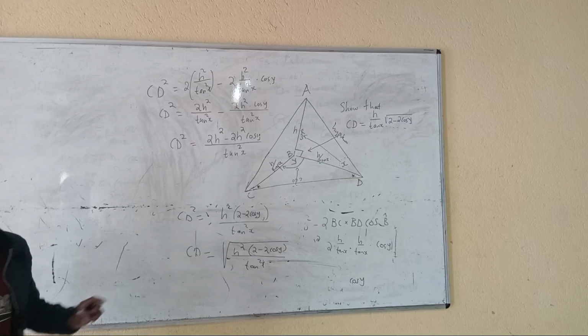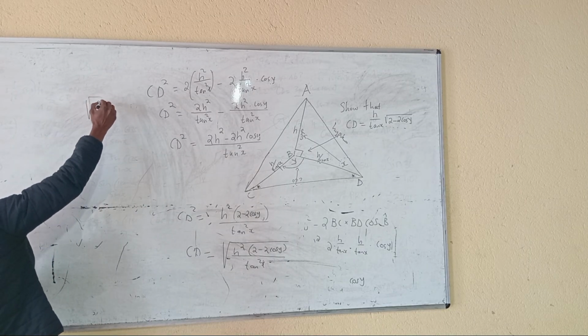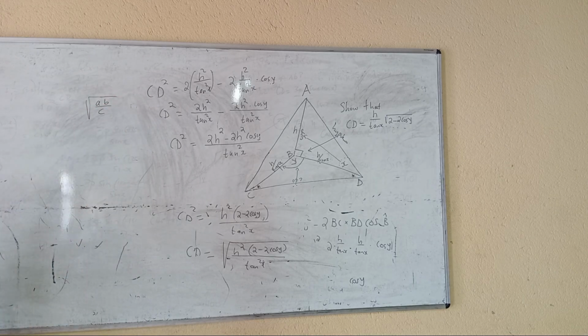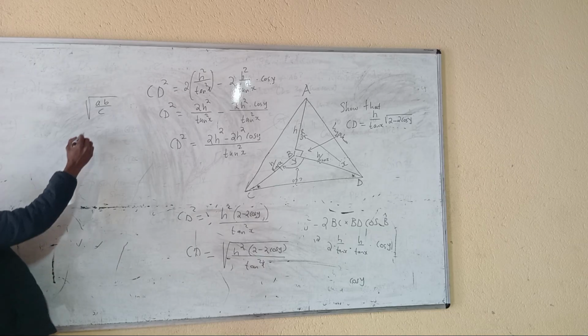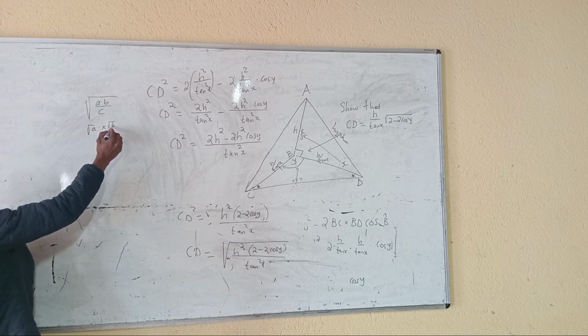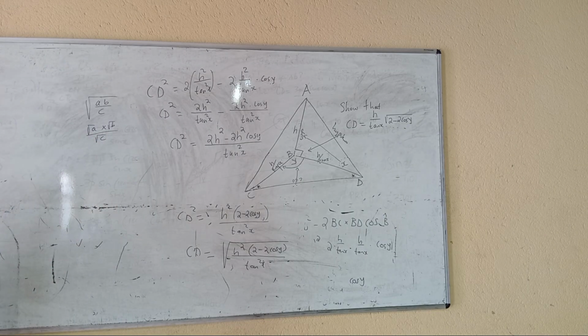If you have something like A times B all over C under a square root, this is the same as square root of A times square root of B over square root of C. We are dealing with sides.